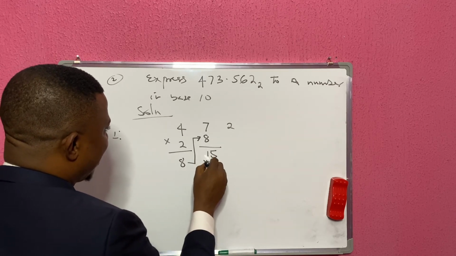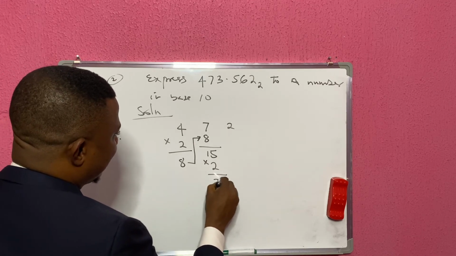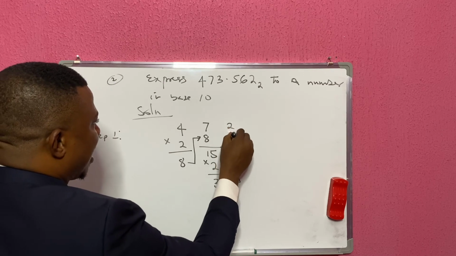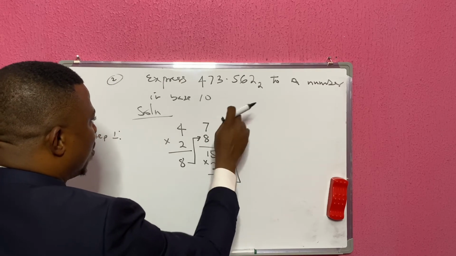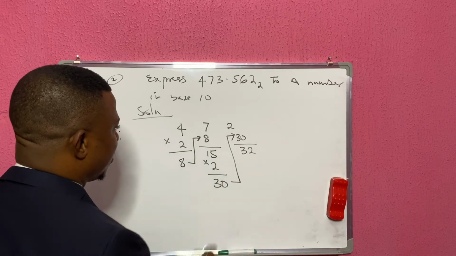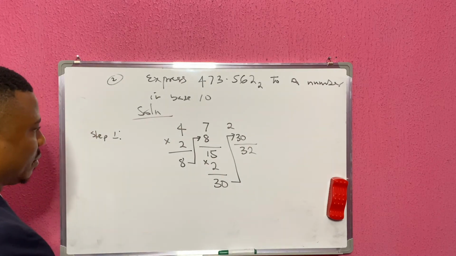Then multiply by the base 2 again to give us 30. 2 plus 30 will give us 32. And 32 is where you stop.